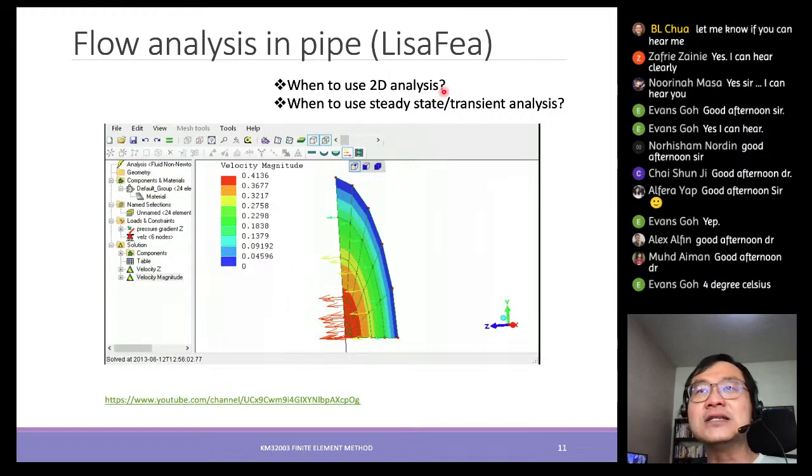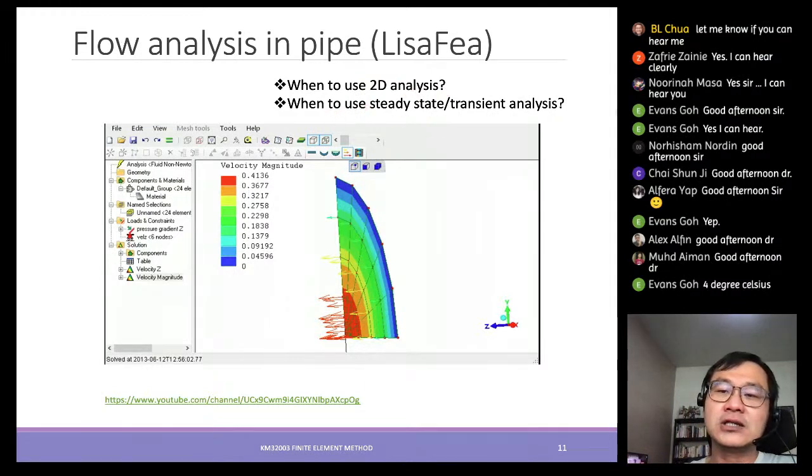But if you have a lot of pipes connected, then yes, the software may help you to see the relationship of the mixture of different pipes going in and out, through friction laws and so on. And that is where two-dimensional or three-dimensional analysis may be required.